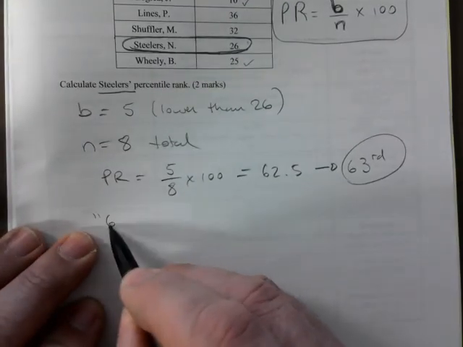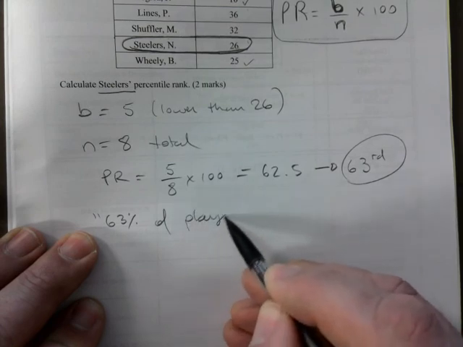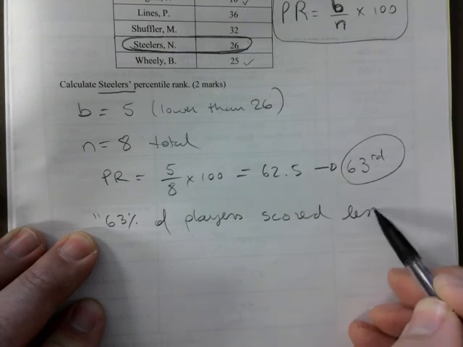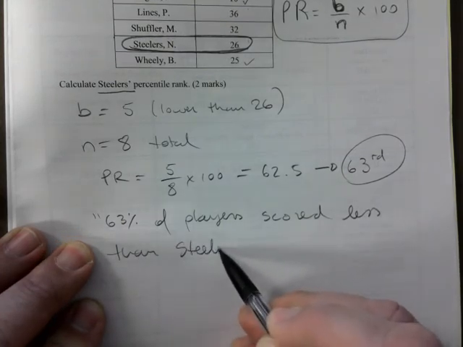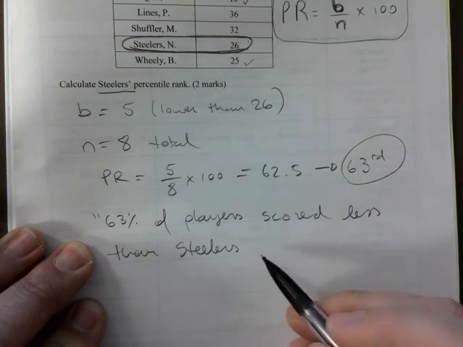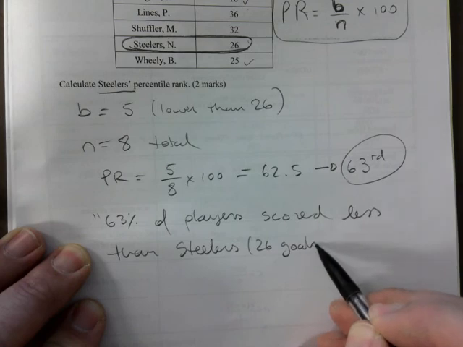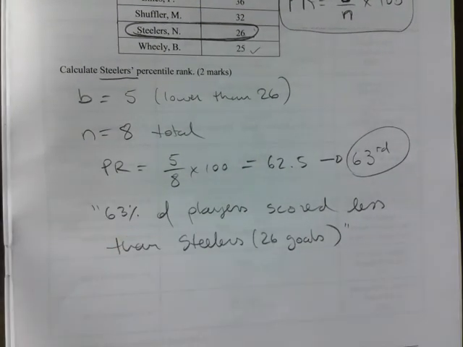Meaning, 63% of players scored less than Steelers, right? And we're talking specifically 26 goals, because they might ask you, what does that mean?